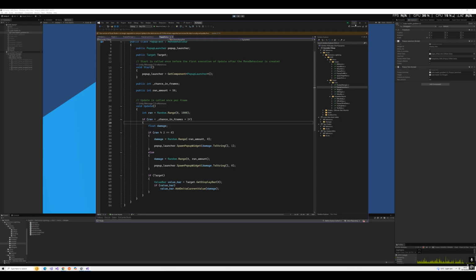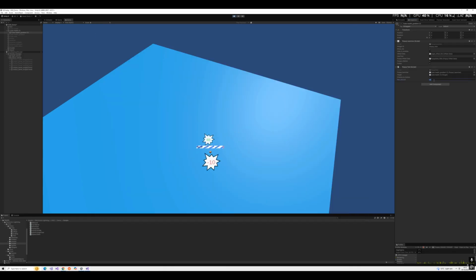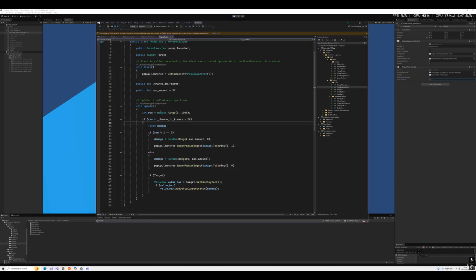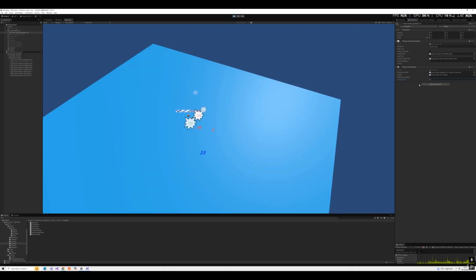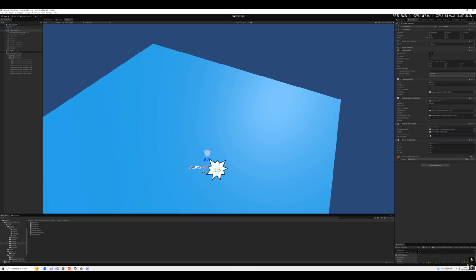It's a bit weird, isn't it? Chance in frames times 2. Randomly, that's rand, so that's always in 1,000. Random amount is the amount of damage. Yeah, so 1 is like the minimum. It's not too hot, is it? The speed of these is always going to be quite fast, I think.